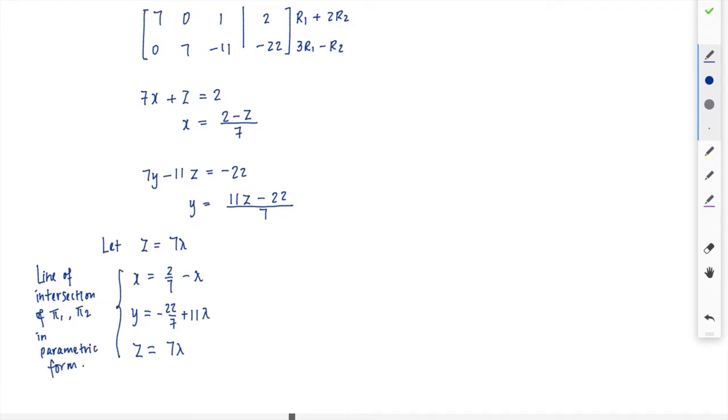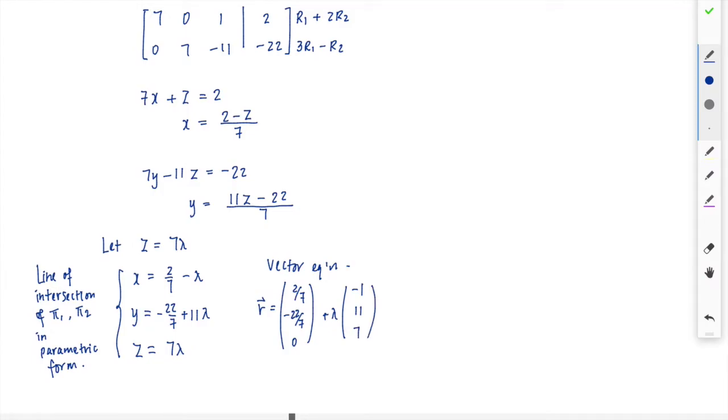All right, and of course we can convert this into vector form or vector equation, because that will be easier for us to read off the direction vector that we're looking for. So its vector equation will be 2 over 7, negative 22 over 7 and 0, plus lambda times negative 1, 11, and 7.